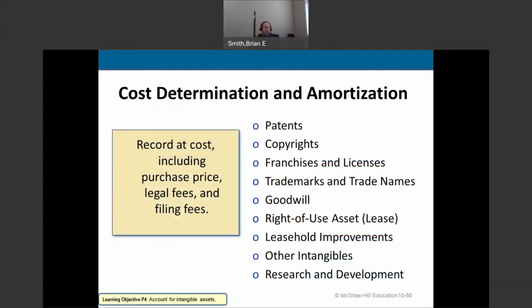Right of use asset or a lease, leasehold improvements, other intangibles, research and development, water rights, they're another intangible asset. Basically, everything is cost plus purchase price, legal fees, filing fees, anything that it takes to keep it.